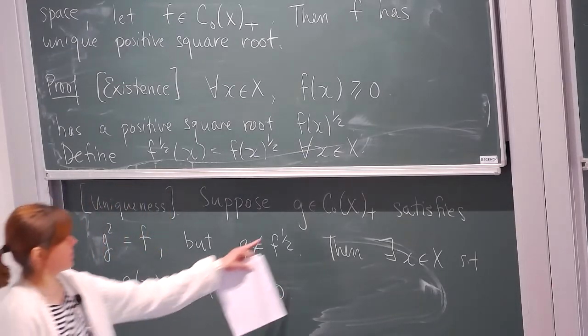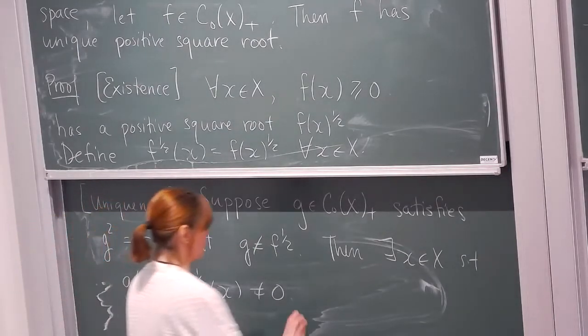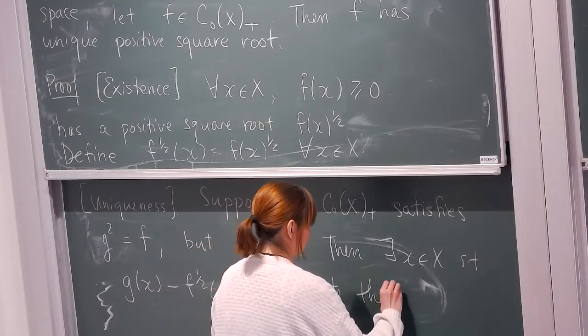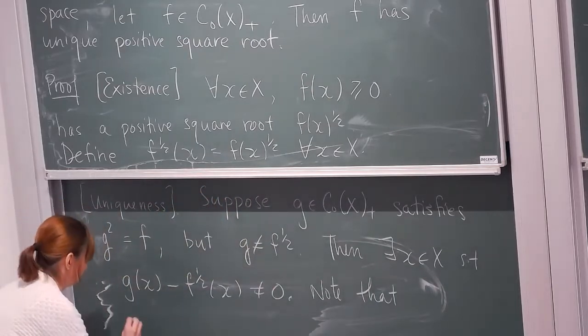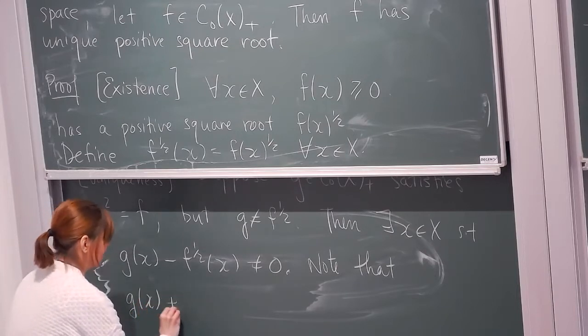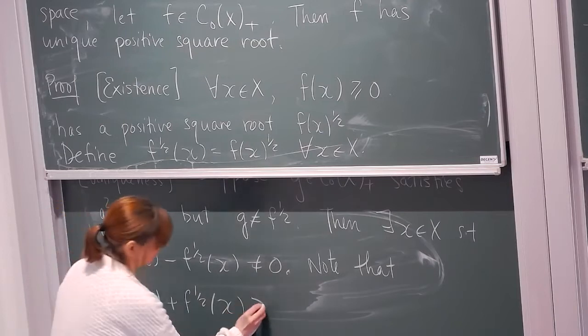And by assumption, g and f half are both positive elements. So this implies that since this is non-zero, g of x plus f half of x is strictly greater than 0.